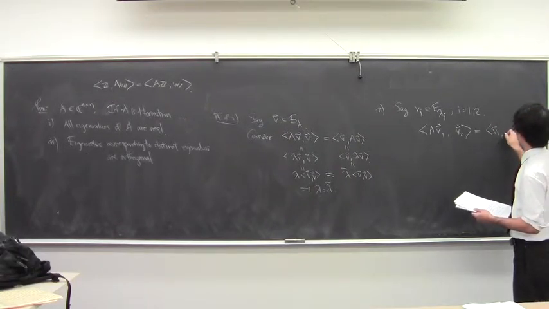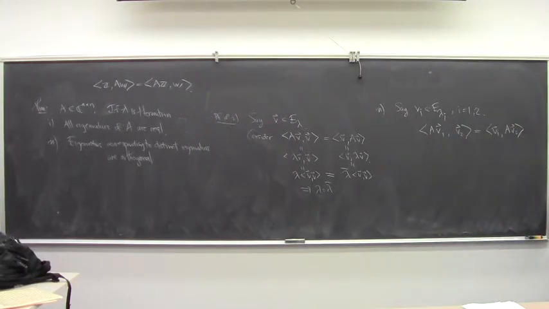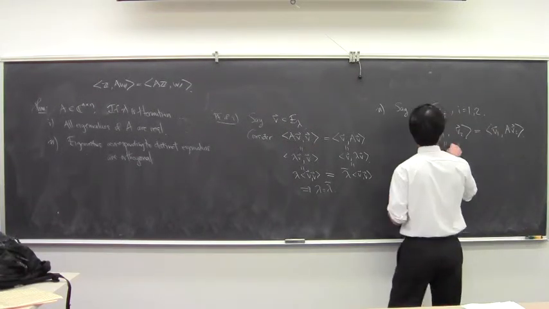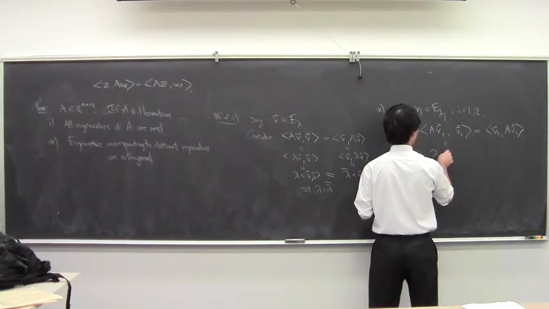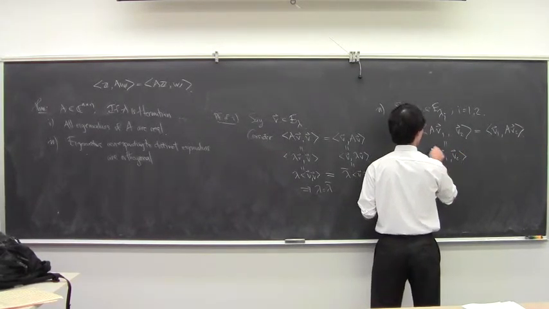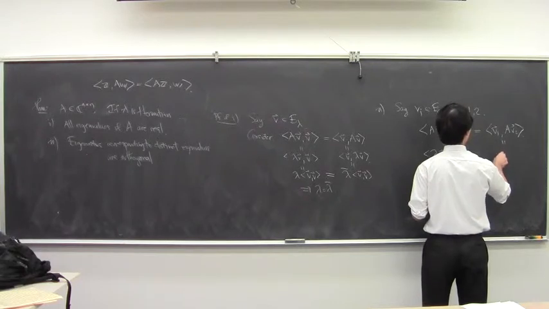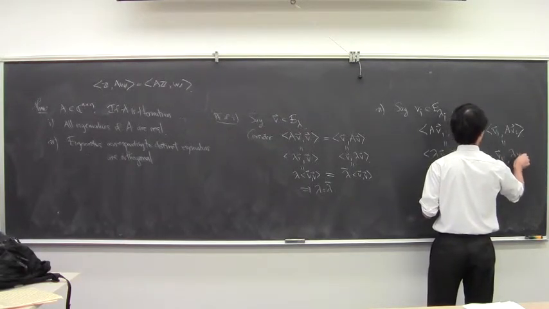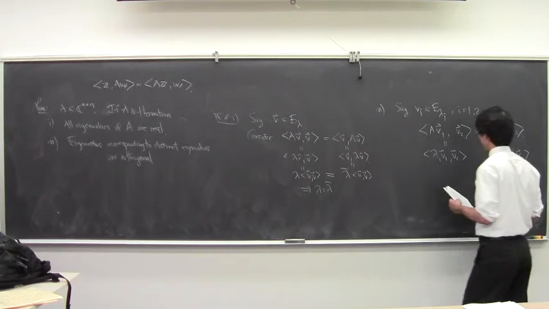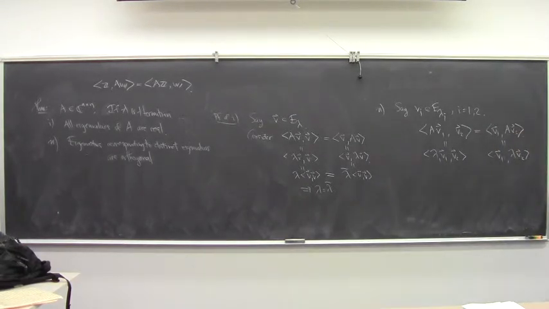Again, we get A V1, V2. See what happens? We're going to get lambda 1 V1, V2 equals V1, lambda 2 V2.